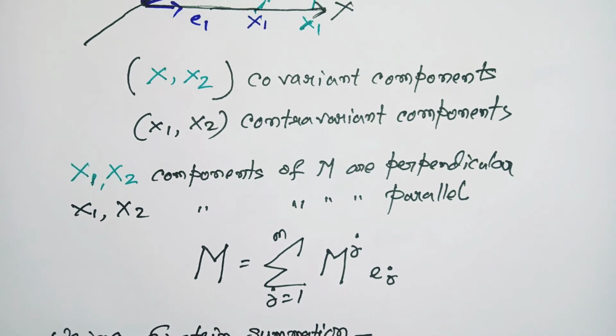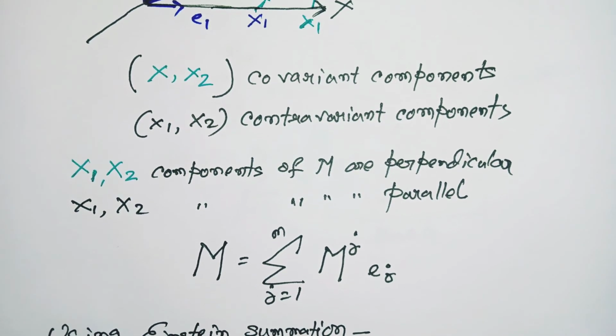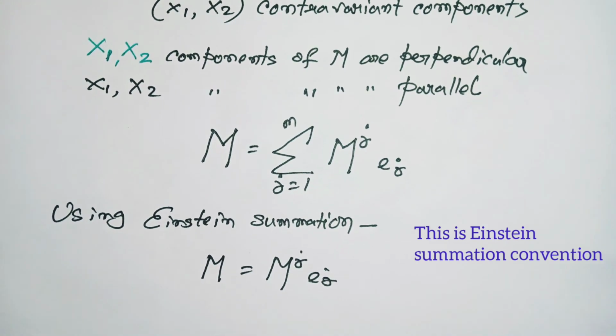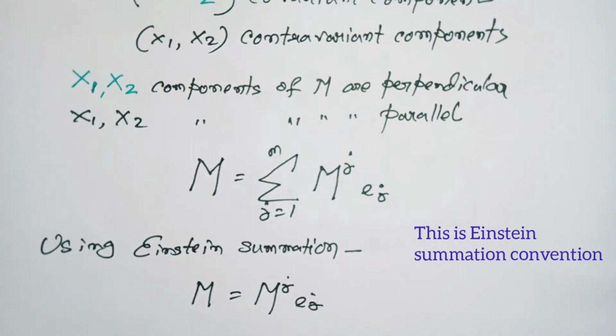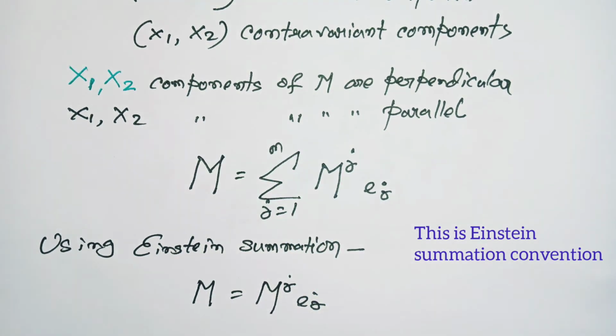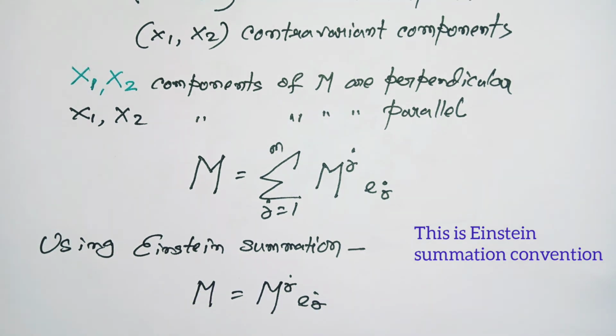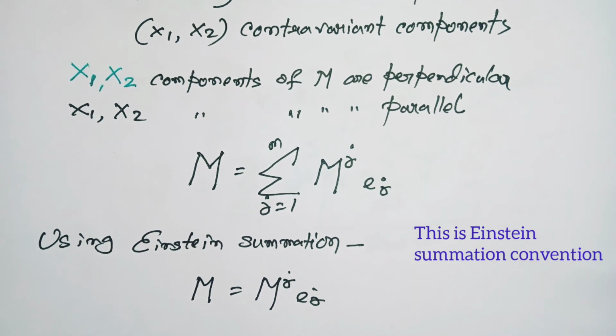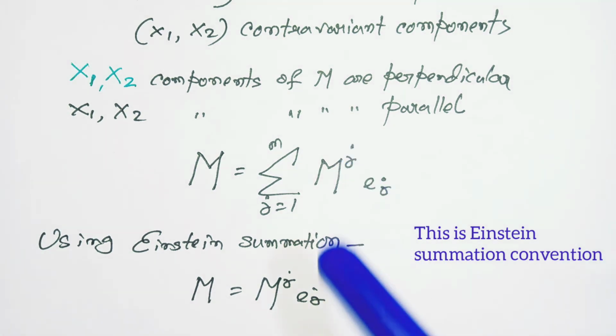So we can use a general notion m equals this, but using Einstein summation notation, which we are going to learn soon, we can omit the sigma part and write this as m equals m on the top, and you see j on the bottom.